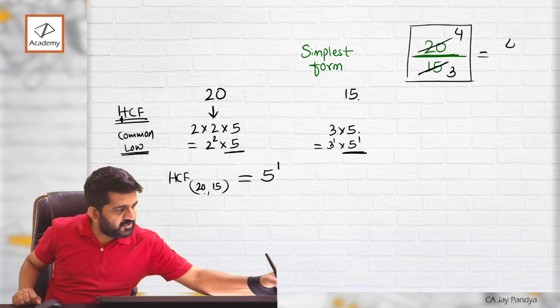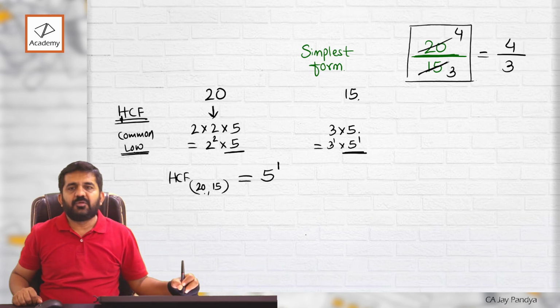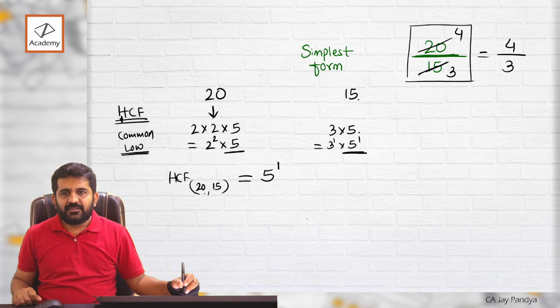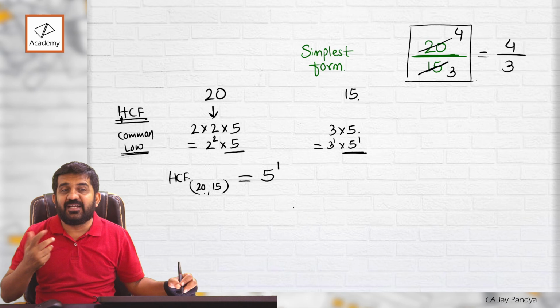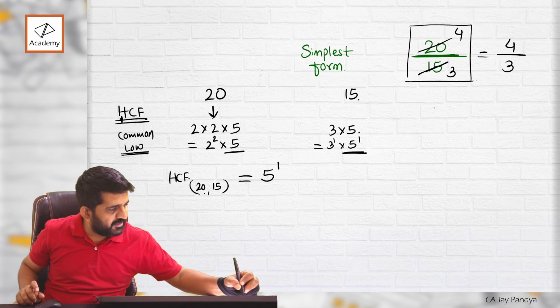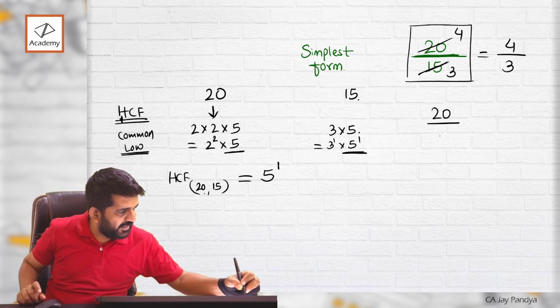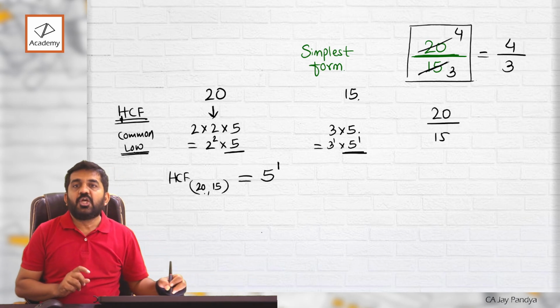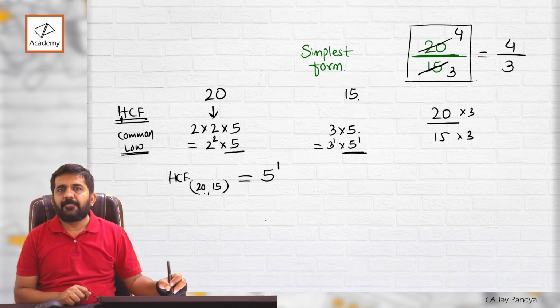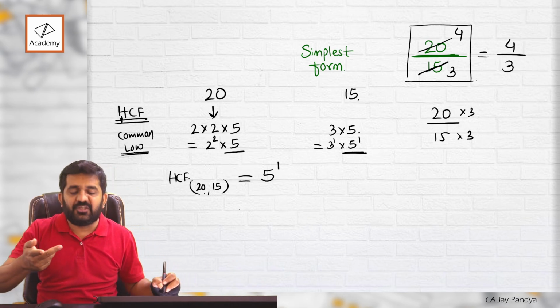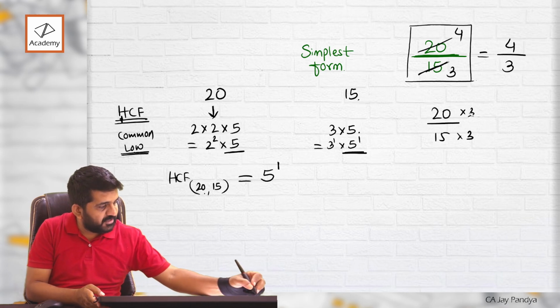What is the simplest form? 4 by 3, right? You can divide, multiply, add, subtract. Whenever this type of thing is there, 20 divided by 15, you can multiply anything in numerator and denominator. You can divide anything in numerator or denominator. Try to understand what I have done.